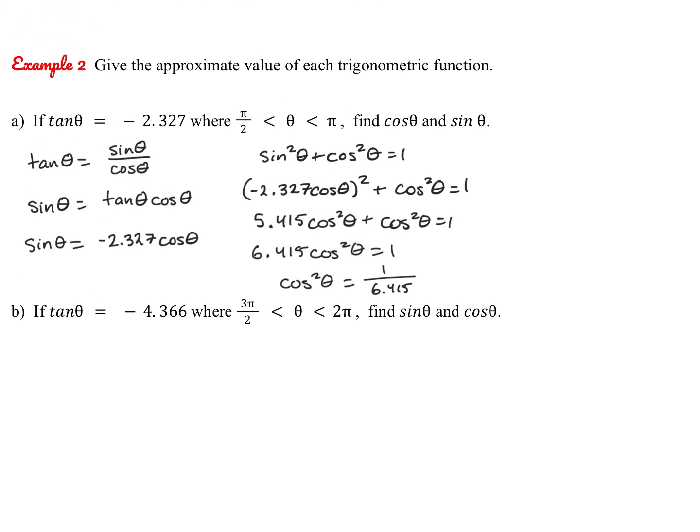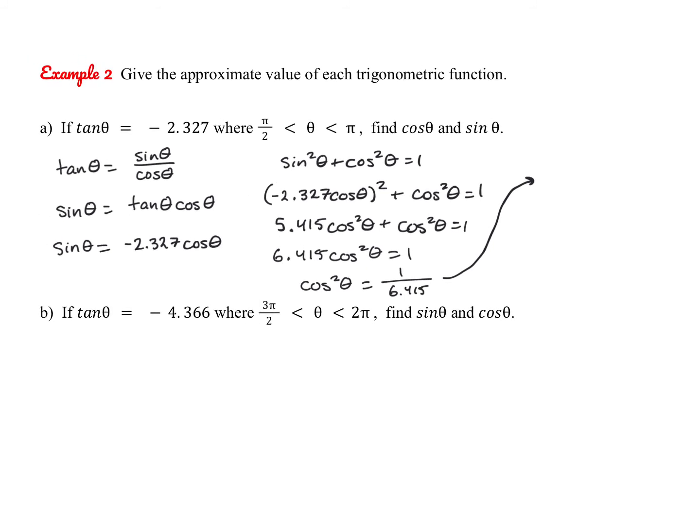However, before we do that, we need to think about which quadrant we're working in. So if we're between pi over 2 and pi, we are in quadrant 2. So that means that cosine is going to be negative and sine is going to be positive. So when we take the square root of both sides here, we're just going to take the negative square root.